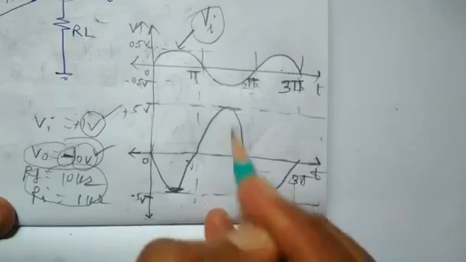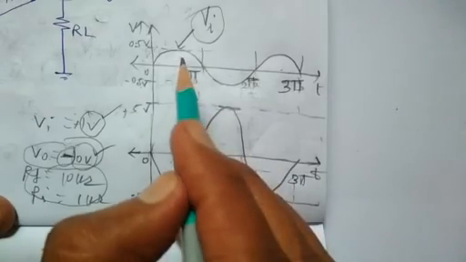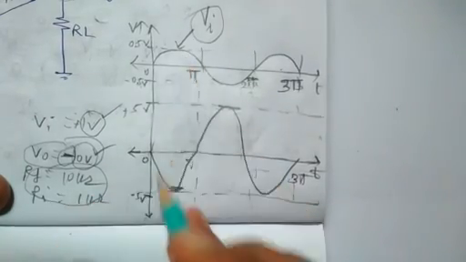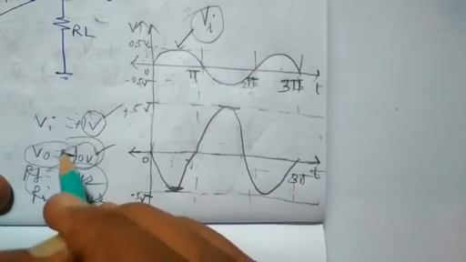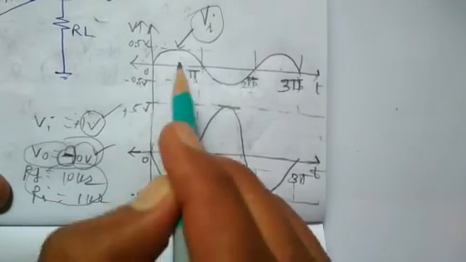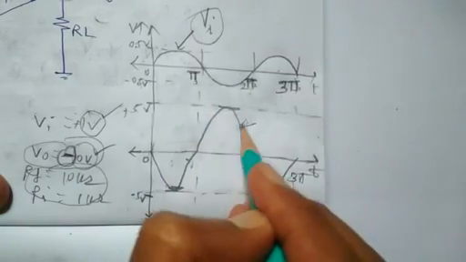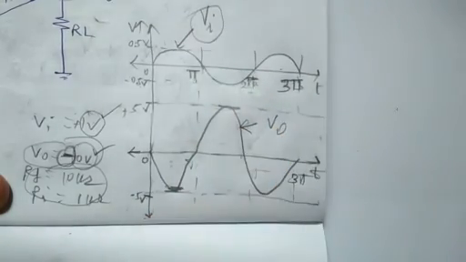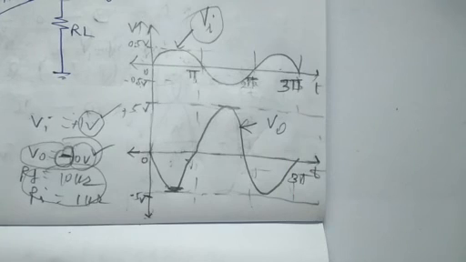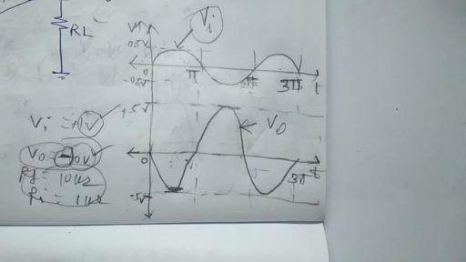And because of the inverting operation, the output has a 180 degree phase shift with the input. That is to compensate for the minus. And this is your output, Vout. So like this, you have to draw the waveform for the input and output for this inverting amplifier. Thank you.